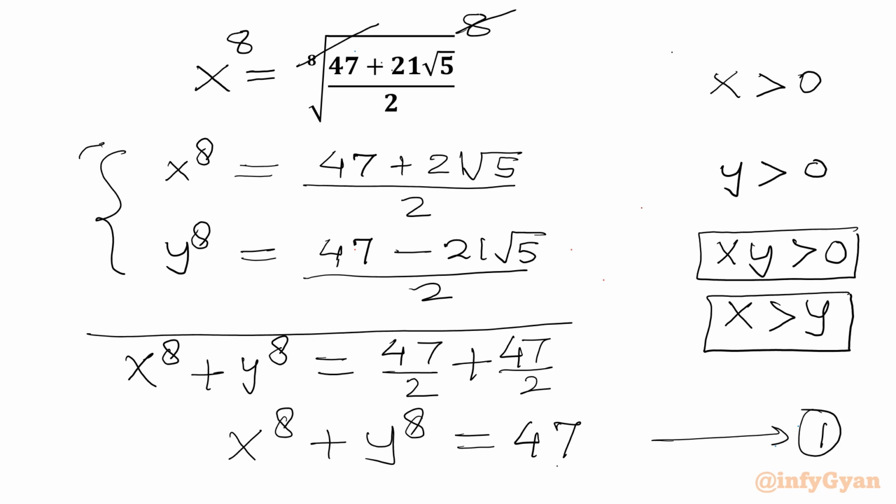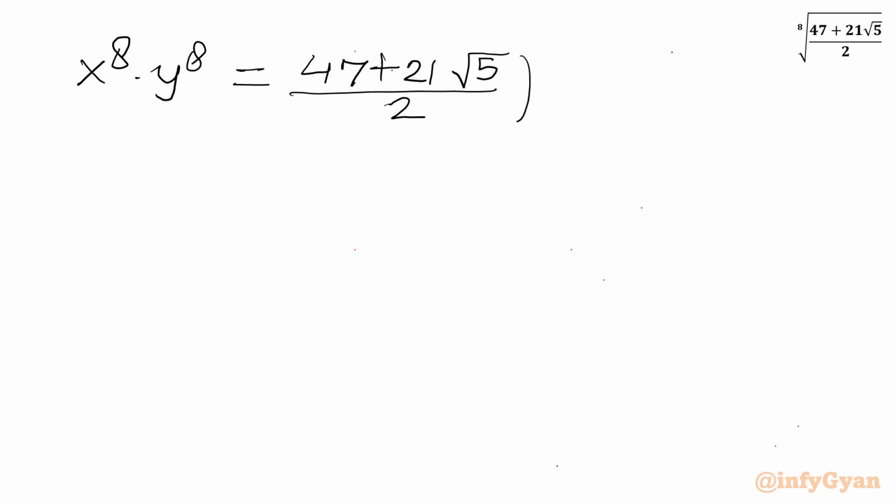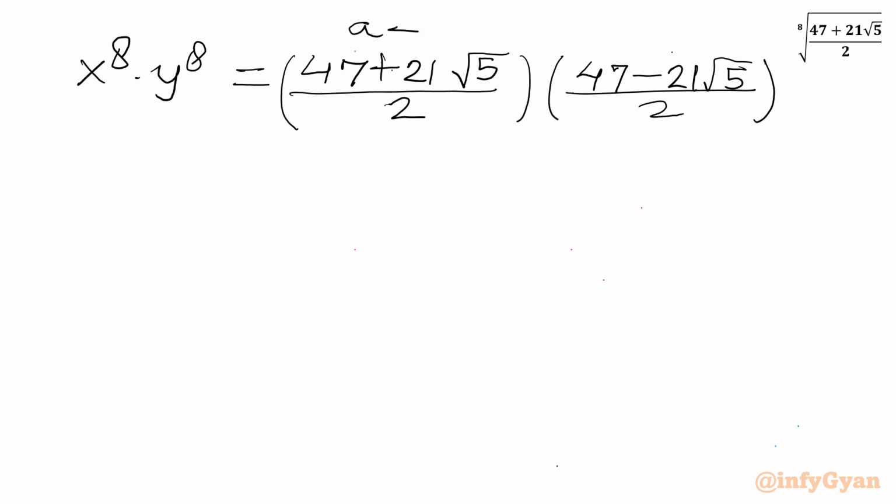Let us consider the product between these two. So I can write x^8 times y^8 equal to (47 + 21√5)/2 times (47 - 21√5)/2. Now I can see it is (a + b) times (a - b) written in the numerator.